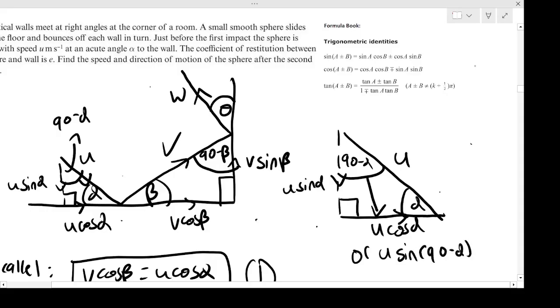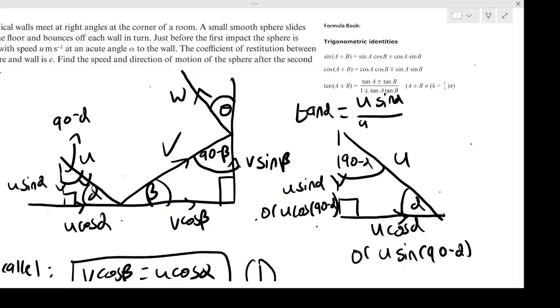Likewise, this side here is adjacent to the angle, so we could alternatively say u sine alpha is u cos of 90 minus alpha. And so we've got equivalent representations for the two sides. Now, tan alpha, which is the expression we want to consider, is going to be u sine alpha over u cos alpha, due to SOHCAHTOA.